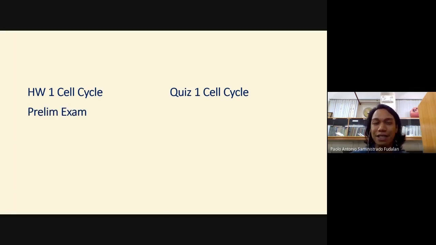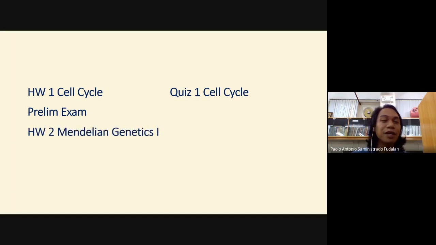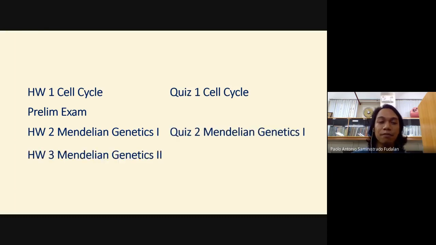Then we had a prelim exam on the intro to genetics and the cell cycle. And then we had Mendelian genetics 1, homework and quiz. Presently we have homework for Mendelian Genetics 2, and soon I will be opening quiz number 3 for Mendelian Genetics Part 2.